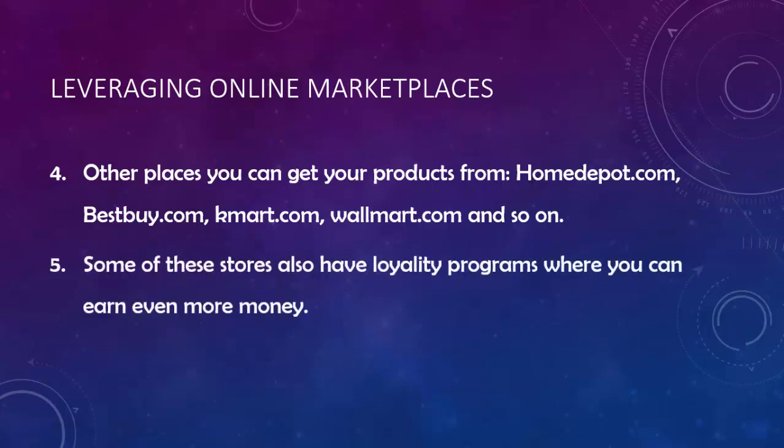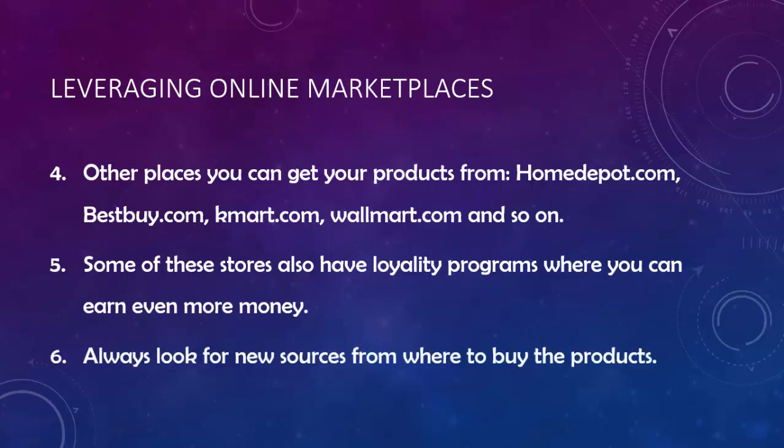Also, on some of the stores that have loyalty programs, you can create your own loyalty card and earn more money. You can have a higher profit margin because you earn points for each order that you make. You can get special discounts for some products, and that can turn into an extra couple of $100 every single month, which is very good money, of course.